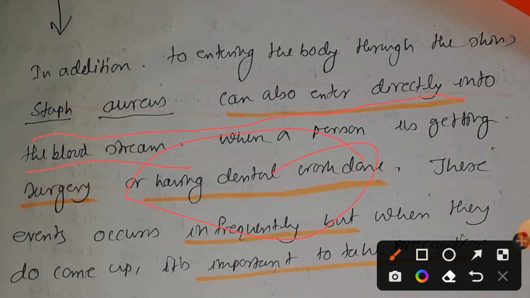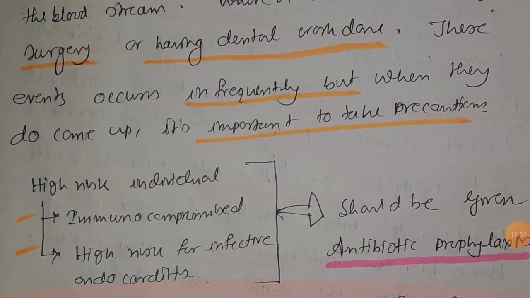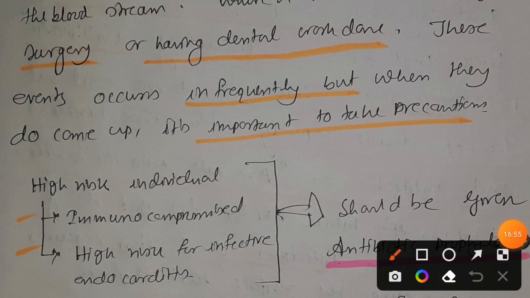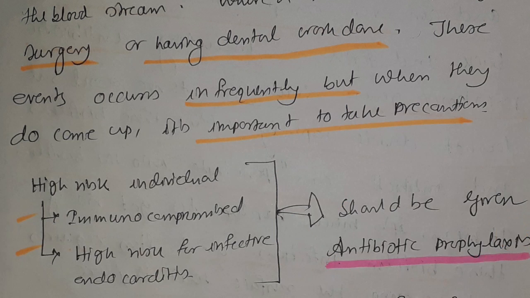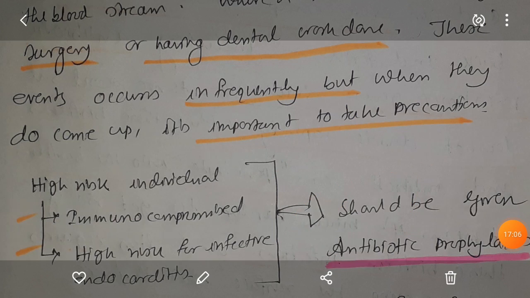Although this event occurs infrequently, we have to take necessary precautions against it, especially for people who are immunocompromised or who have a serious risk for infective endocarditis. They are at high risk and should be given antibiotic prophylaxis.